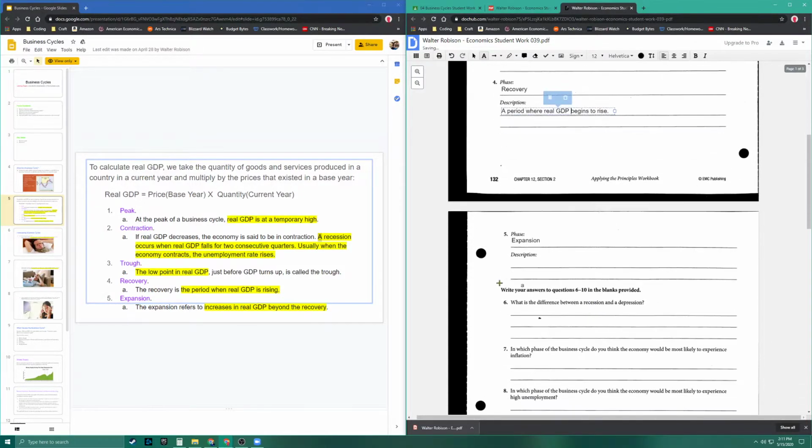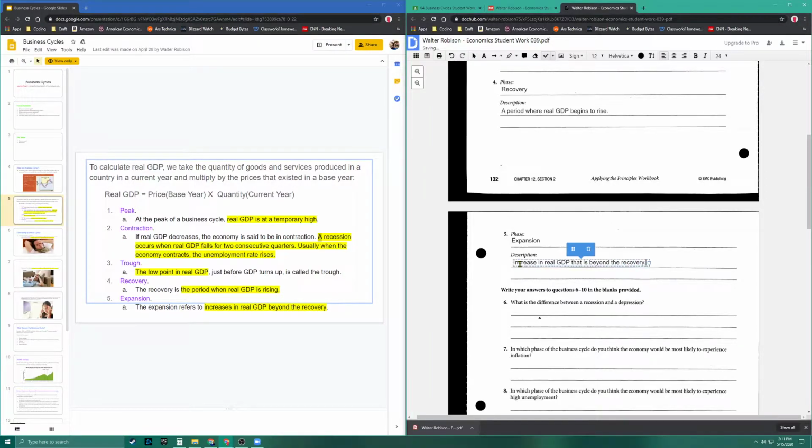And then what is expansion? So this is an increase in real GDP that's beyond recovery. So we've got increase in real GDP that is beyond recovery.